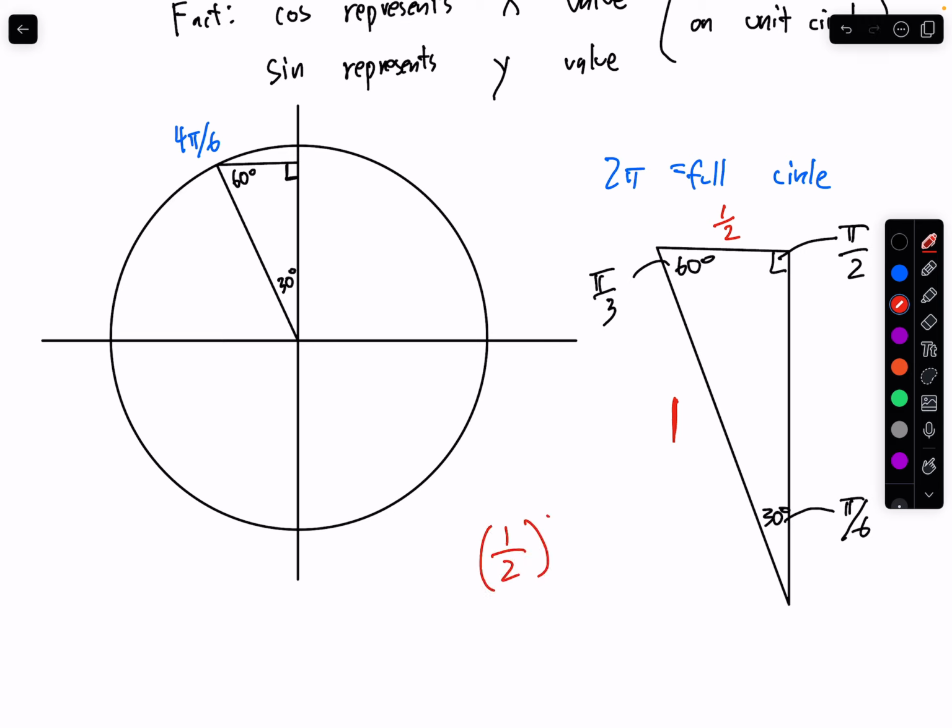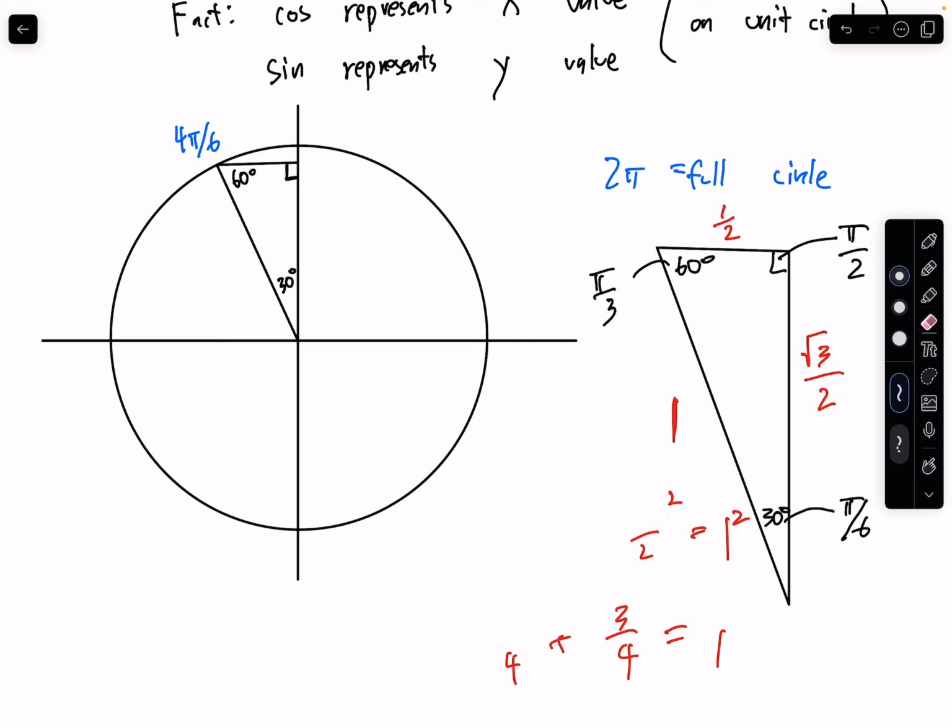We have half squared plus something squared is equal to 1 squared, because that's the long side. A squared plus b squared equals c squared. And the thing that's going to make it work is root 3 over 2. Because when I square a half, I get 1/4, right? So I want this to square to 3/4. And root 3 over 2 is a thing that squares to 3/4. So that makes this medium side root 3 over 2.